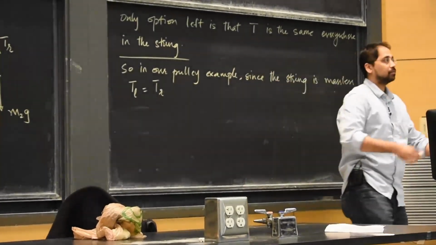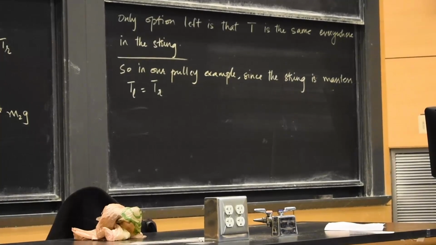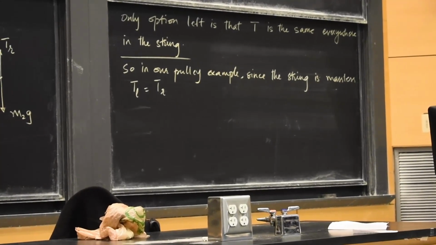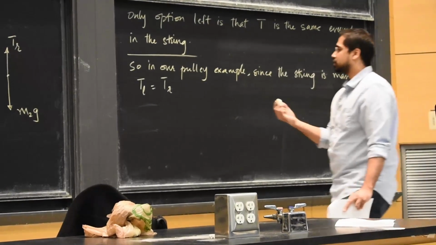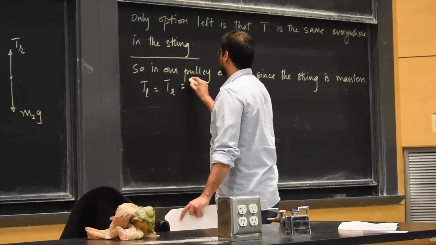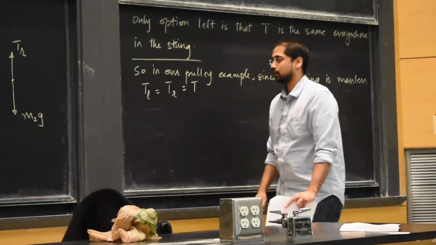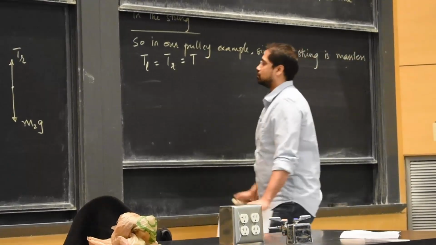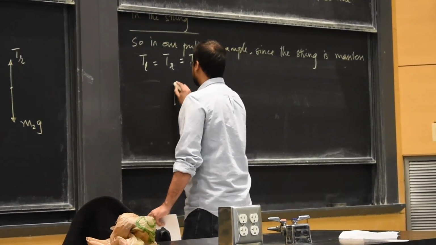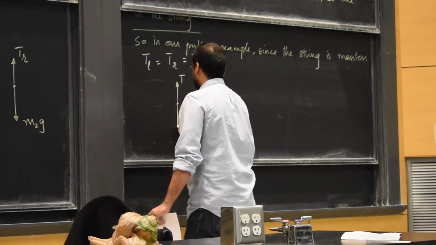So tension on both sides of the pulley is the same. In fact, it's the same at every point on the entire string. Well, let's just call it T. So the free body diagrams will now look like this.